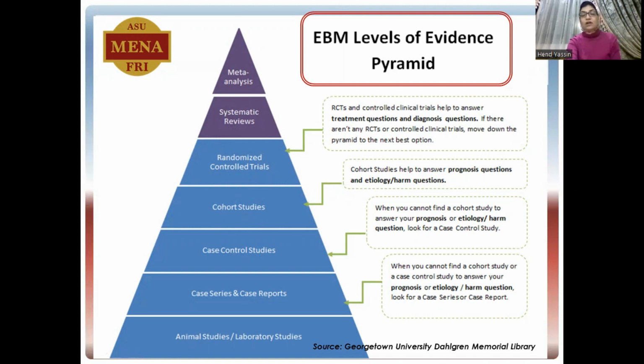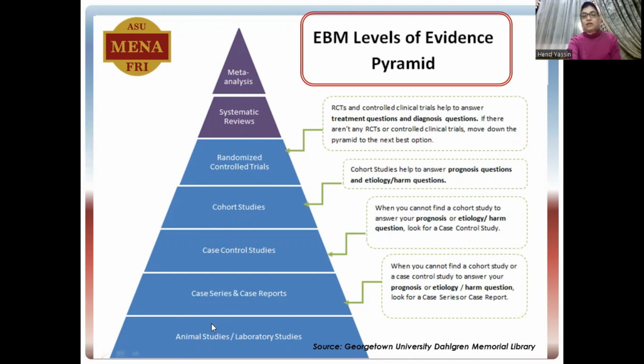There are lots of items when we explain the case control and cohort study. For example, if it's a rare disease, we use a case control study. If we are dealing with a rare exposure, we use a cohort study, and so on.